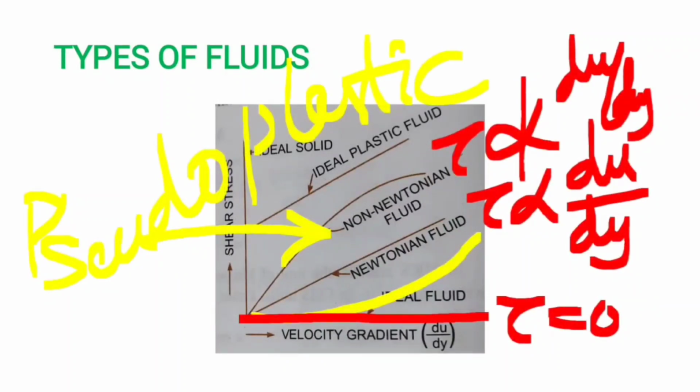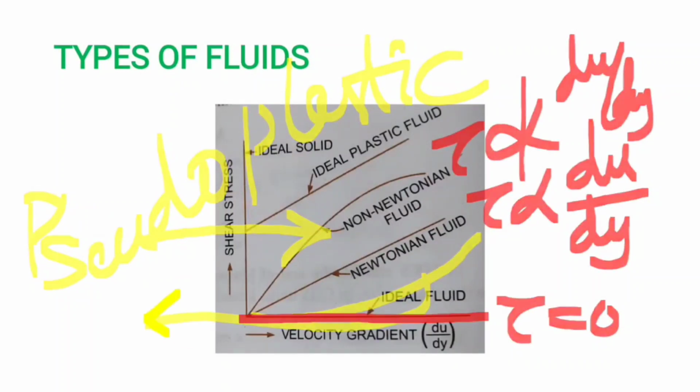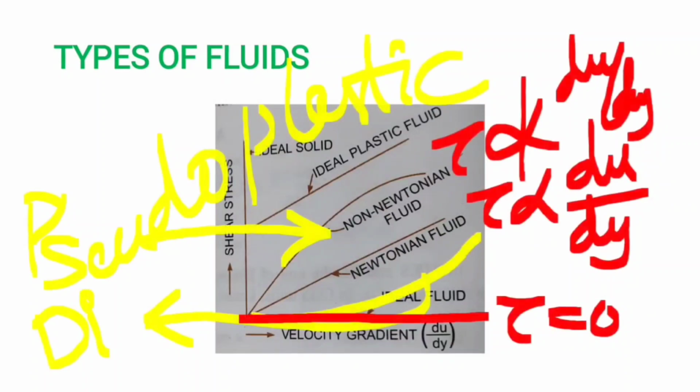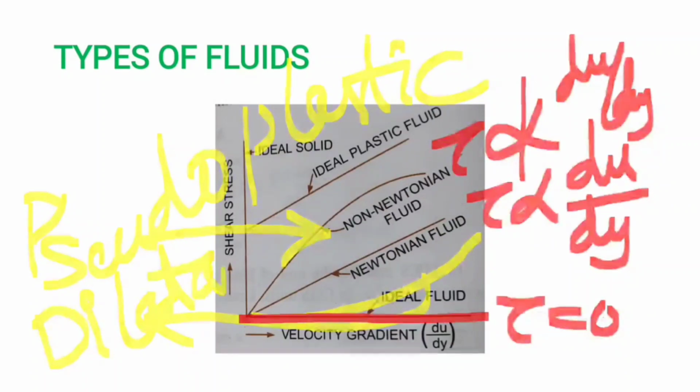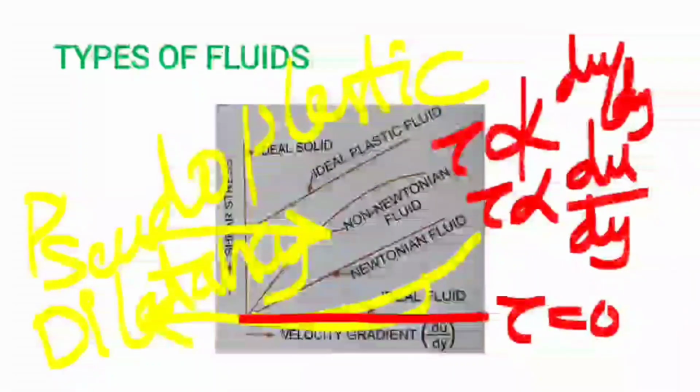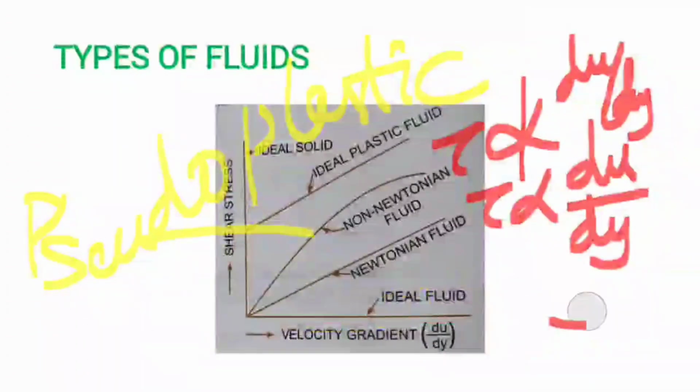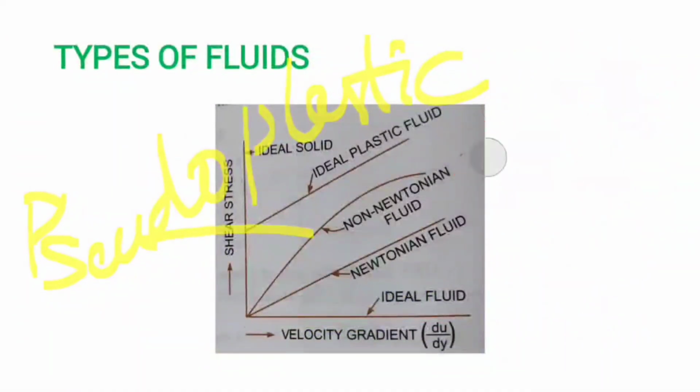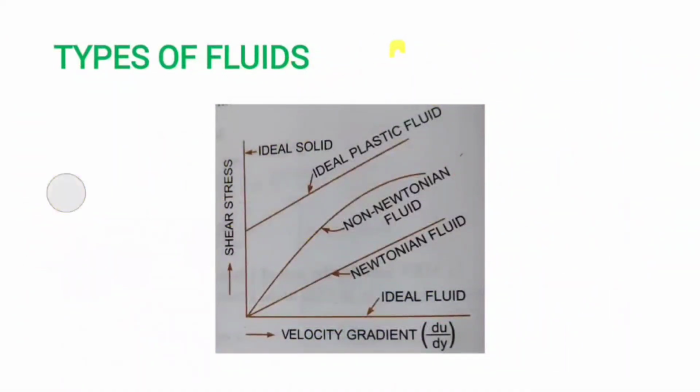The curve below the Newtonian fluid is called dilatant. If the tau value is greater than the yield value, then it is called an ideal plastic fluid. Types of fluid is over.